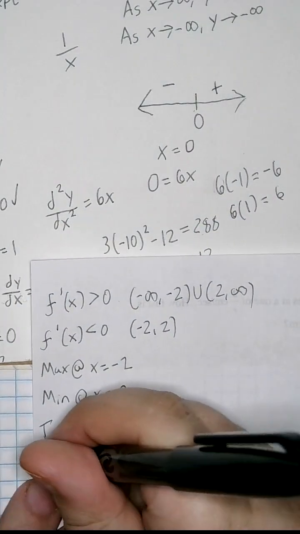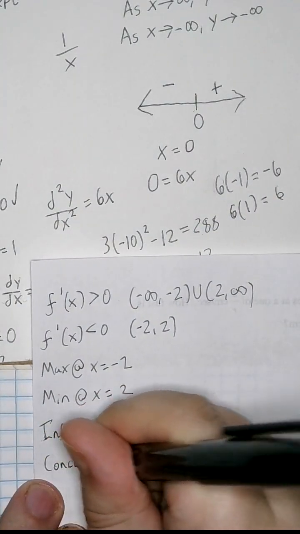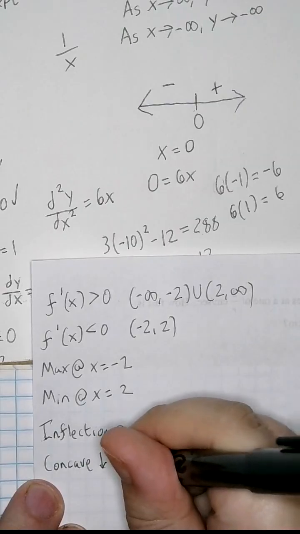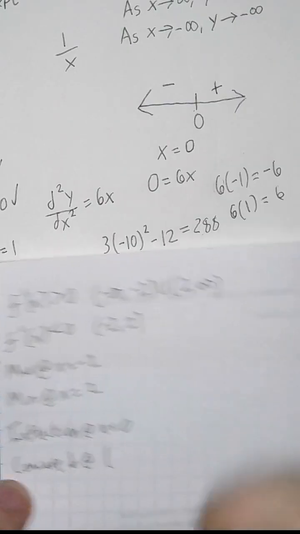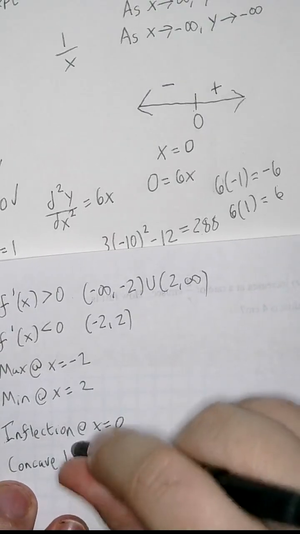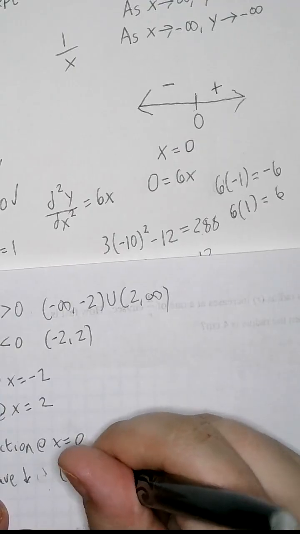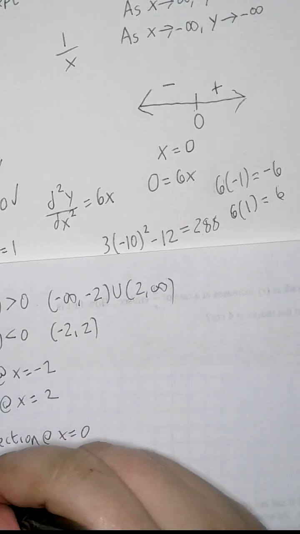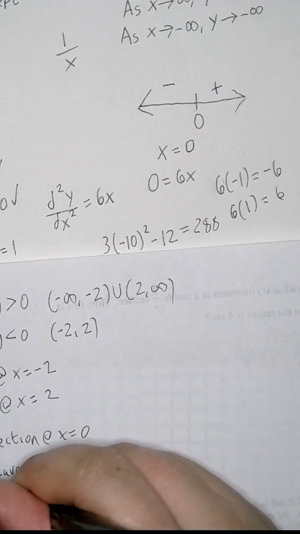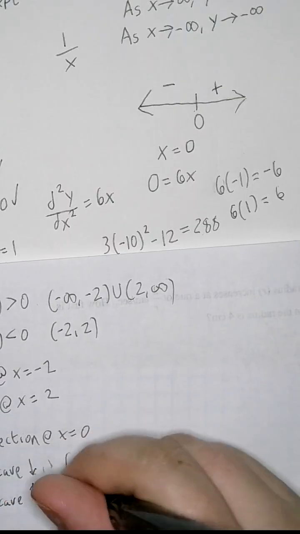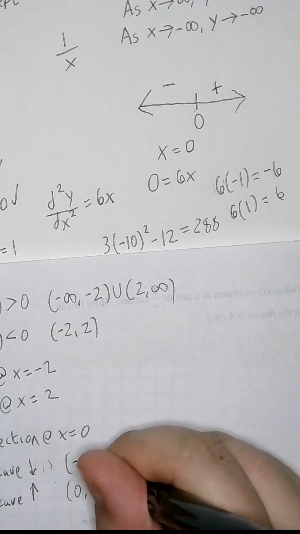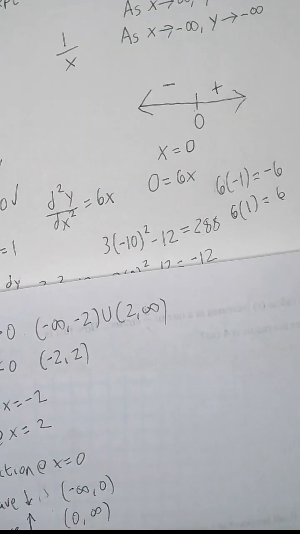So concave down on the interval negative infinity to 0. Concave up from 0 to infinity. And then what else do we know?